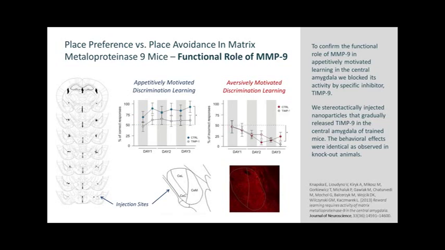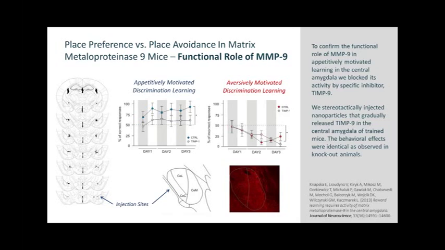So we injected nanoparticles to the central amygdala of mice, nanoparticles which gradually released a specific inhibitor of MMP9, a protein called TIMP1. And then we performed exactly the same behavioral testing as I described before.